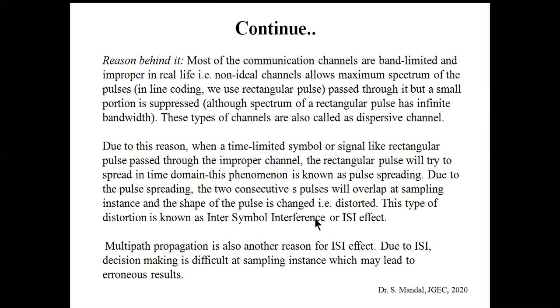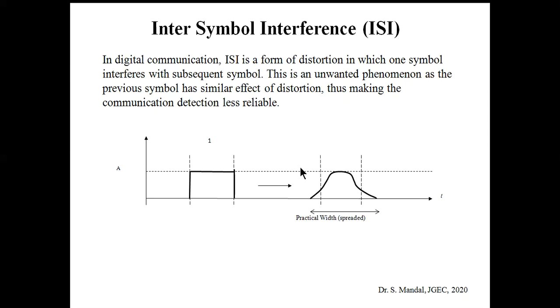When a time limited symbol or rectangular pulse passes through an improper channel, the rectangular pulse will spread in the time domain, and this phenomenon is known as pulse spreading. Considering the earlier figure, you can see that the rectangular pulse has been spread beyond its limit.